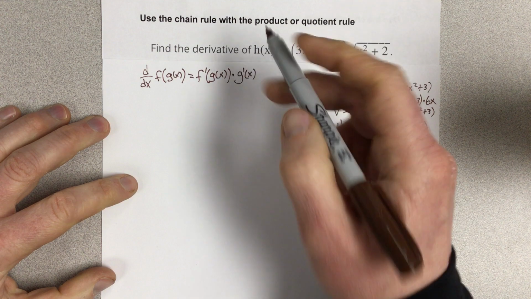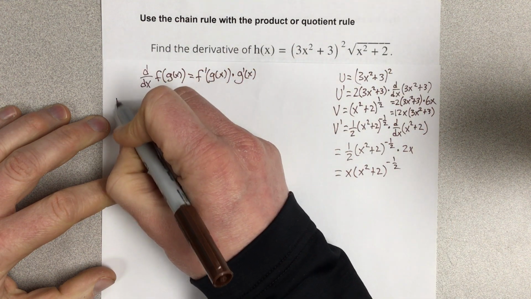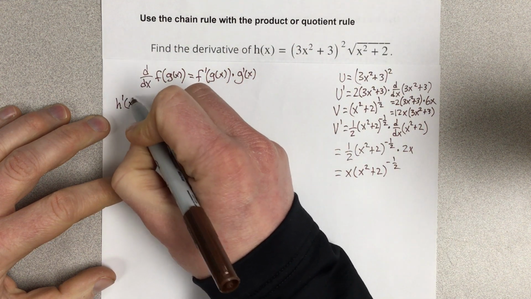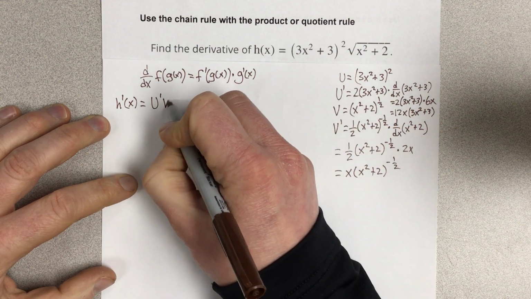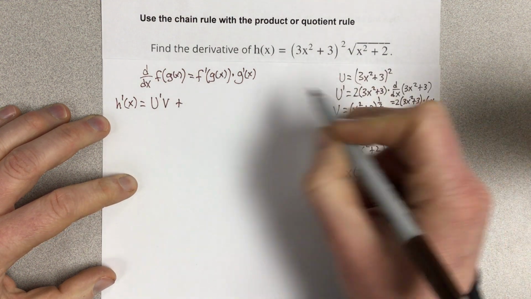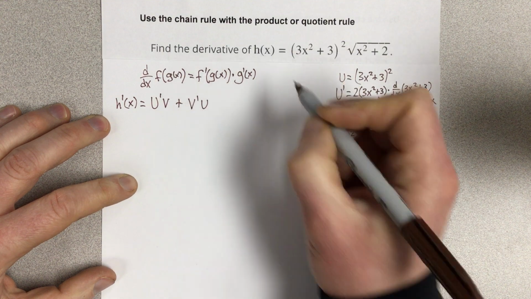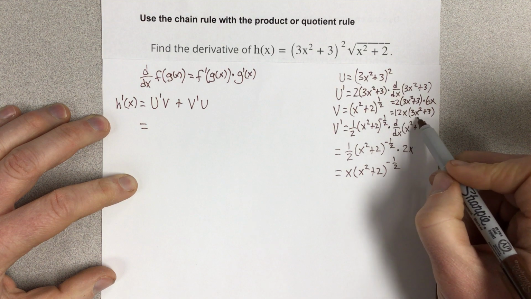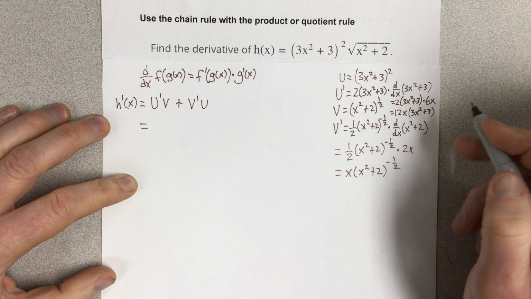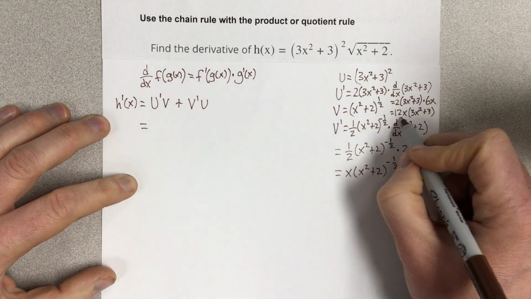Now I'm going to write out what the product rule is. So I would have h prime of x is equal to u prime v plus v prime u. So u prime is going to be this, not 2x, 12x.